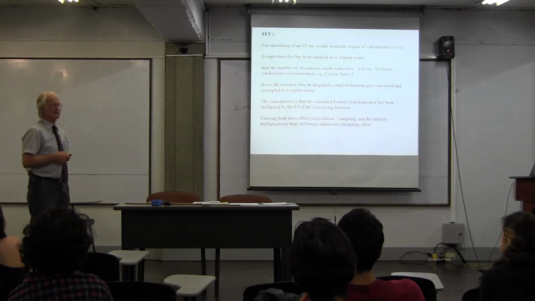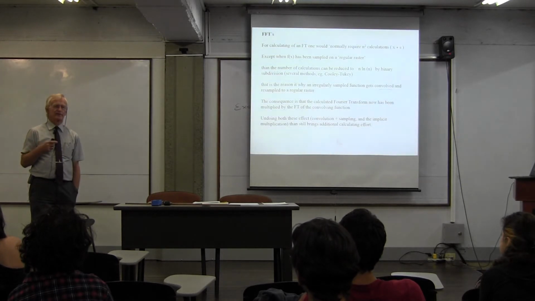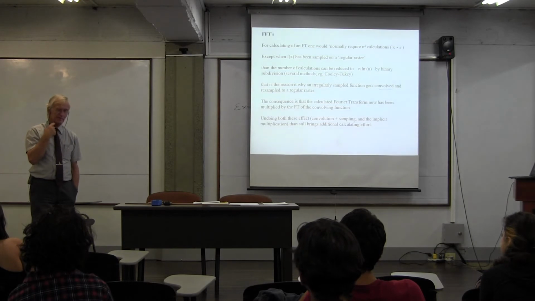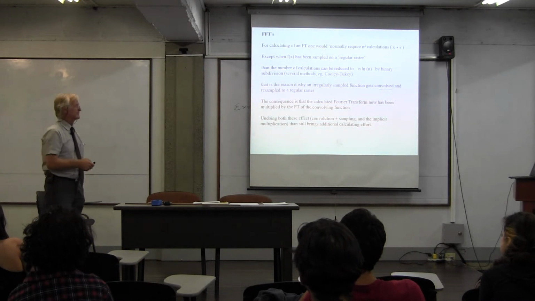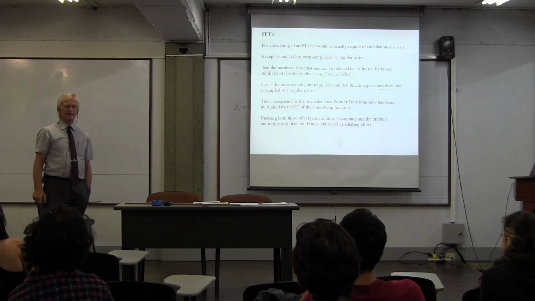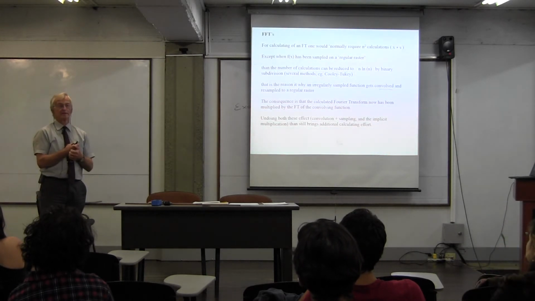So the trick is you put your samples of the Fourier transform on a rectangular grid, and then I can reduce the number of operations from n squared to n log n. That is a sizable compression that can easily be 1,000-fold.